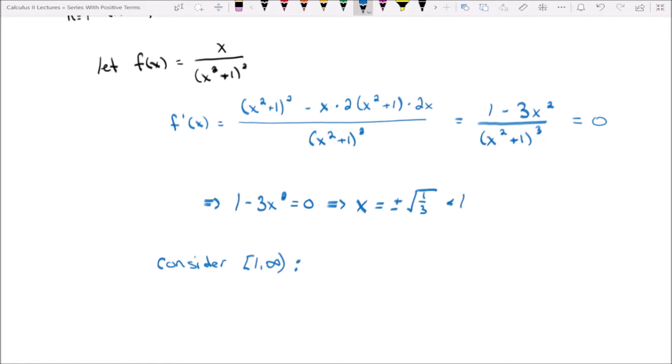Pick any value 1 to infinity. And I don't know why I wrote a cubed there. My apologies. No, yes, that is cubed. Sorry. Right? Notice, if we pick, I don't know, 5. Numerator is negative. Denominator, of course, is always going to be positive.